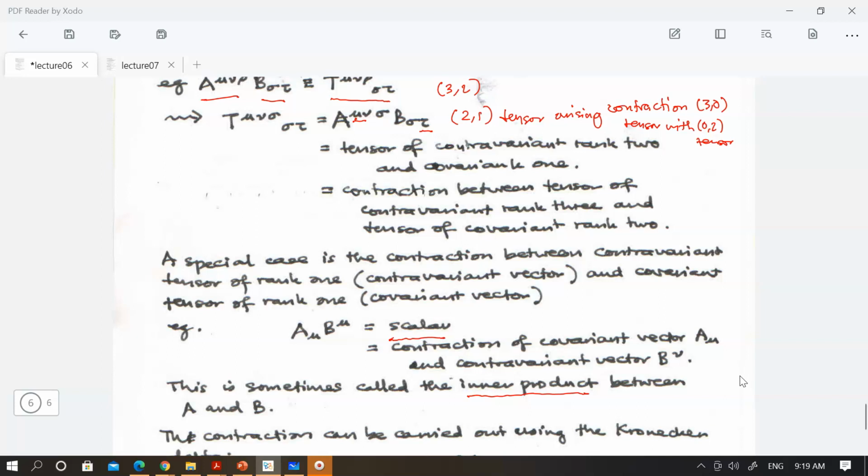Over there, your bra vector is essentially a row matrix and your ket vector is a column matrix. So a row vector is a 1 by n matrix, which multiplies with a column vector, an n by 1 matrix, and that gives you a 1 by 1 matrix. So it's similar in this particular case.